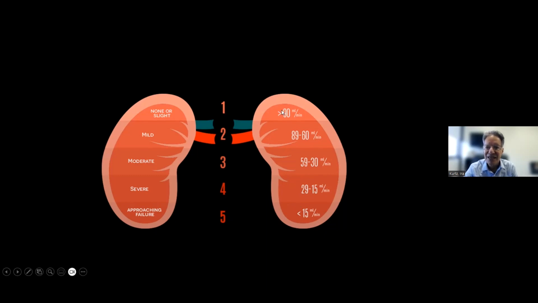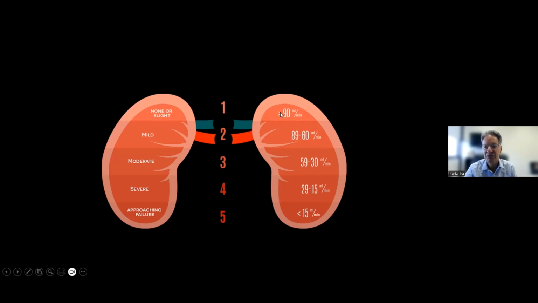Now, the E in the eGFR stands for estimated, because these numbers that you get back that the CKD stage is based on is an estimate of what your glomerular filtration is. It's not a measurement that the lab does.